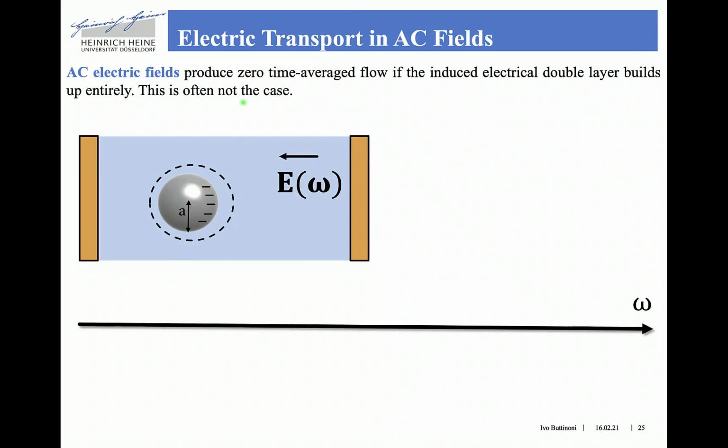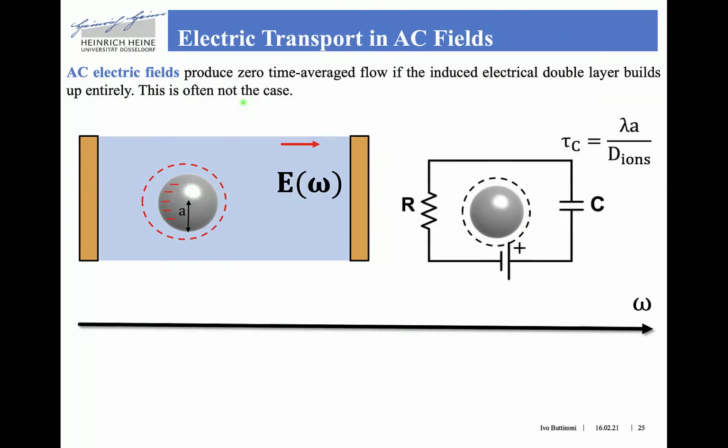In fact, the formation of an induced screening layer always takes some time, so that a net flow is effectively obtained as soon as the electrical double layer only builds up partially. And here one can model the formation of an induced charge slip using an RC circuit.